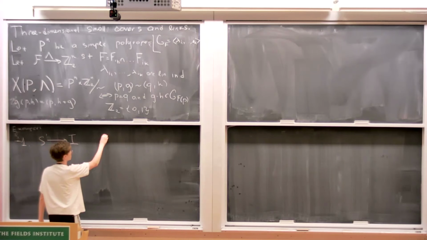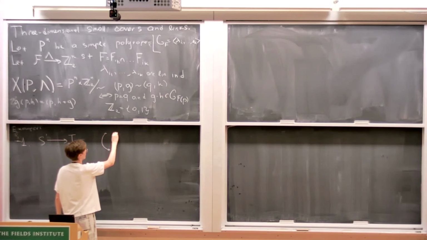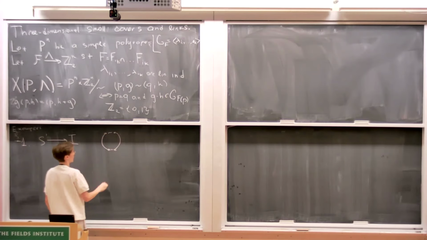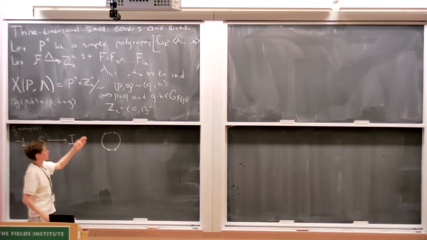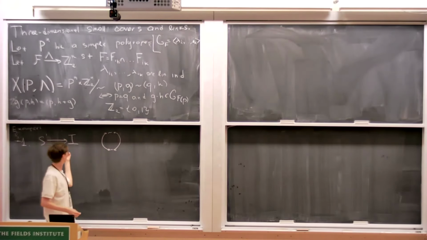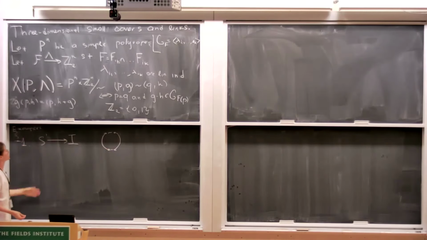You have two copies of the interval, and you glue them along the boundary, along these two points. This is this construction in the simple case, and this action just swaps the corresponding polytopes. That's how you may think about these small covers. They are in fact a generalization, in the smooth category, of real projective toric varieties.